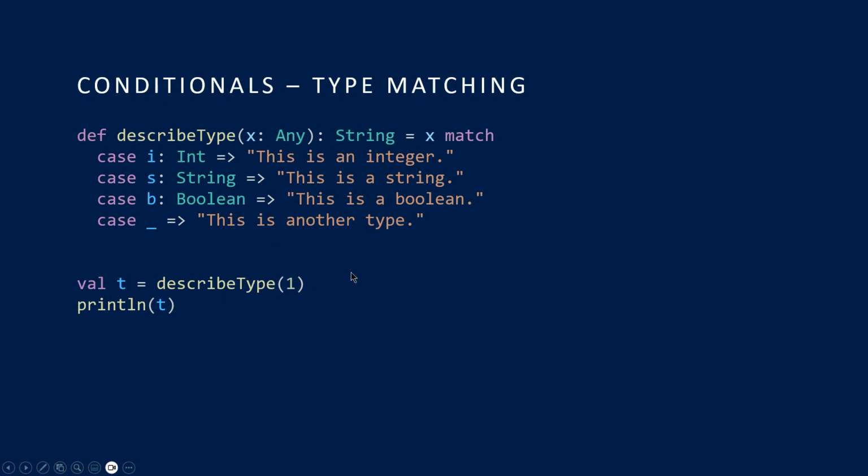It's an integer. So that's going to come out and be assigned to here. When I print it, it'll say this is an integer. If I had a string in there, or I had the word true, I'd get something else. With true, it would detect it as a Boolean. And if I had something else that wasn't an integer, string, or Boolean, then it would say this is another type.